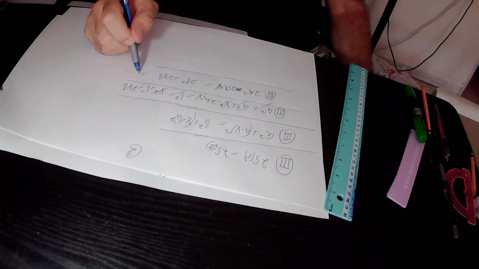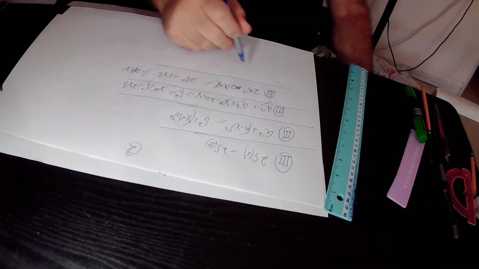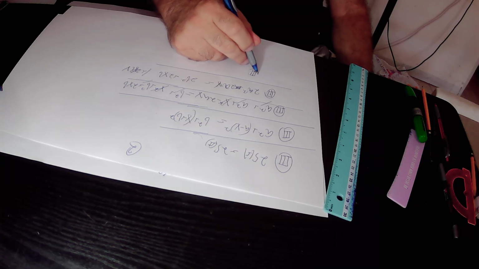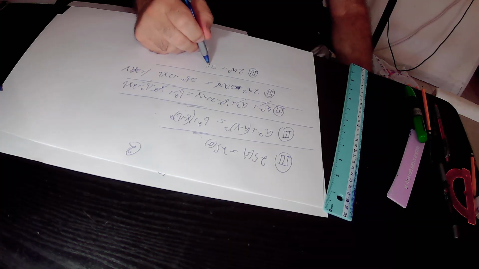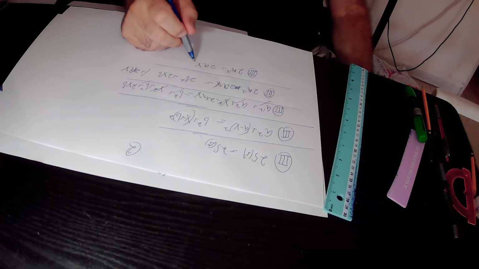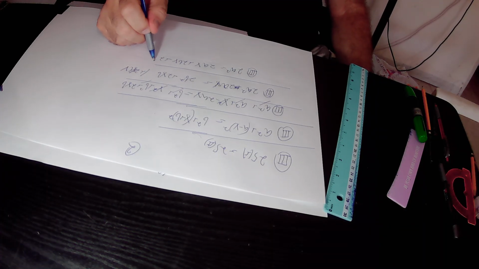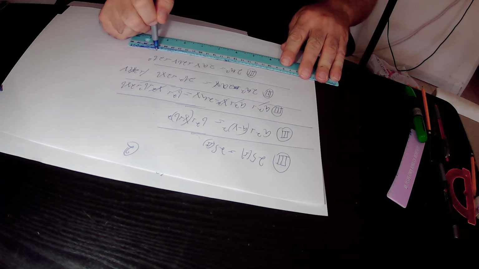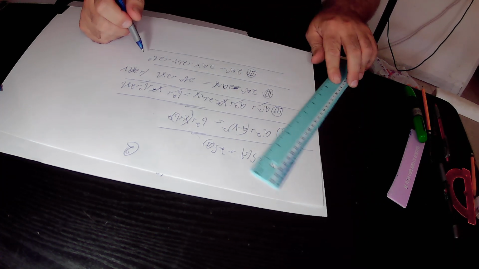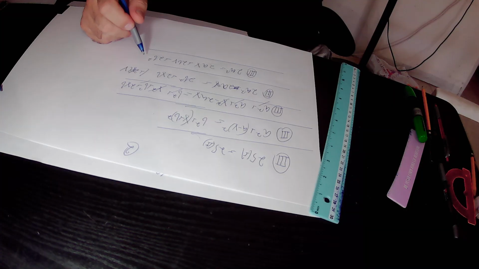Here we add 2ax to this equation, equation 3, and you get that 2 times a squared equals 2ax plus 2bx plus 2b squared. So according to equation 3, 2a squared equals 2ax plus 2bx plus 2b squared.